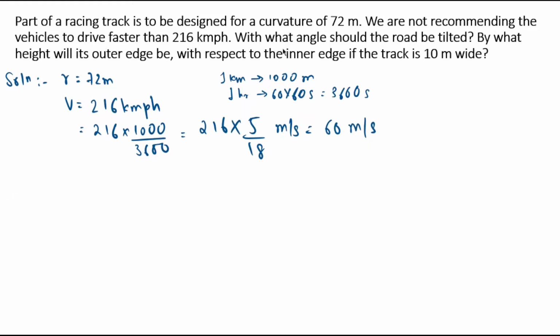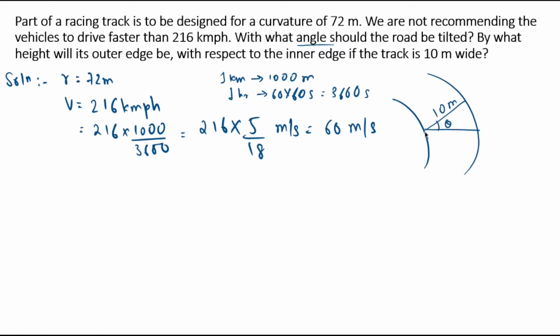Now we need to find out first of all the angle at which the road is tilted. That is, let's take the cross section of the racing track, this part. So this is the curved path, okay, and the road is tilted a bit. That is, this is the normal surface and this is the curve at which the road is tilted, and this is the angle theta, okay, and the width of the track is 10 meters.